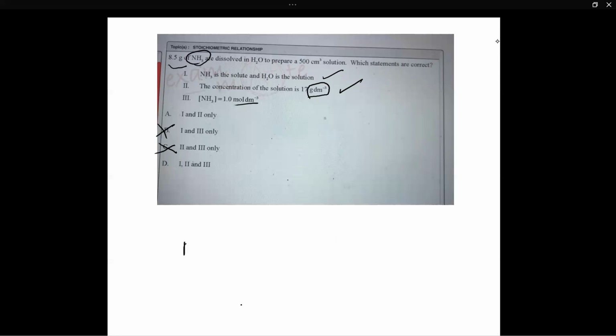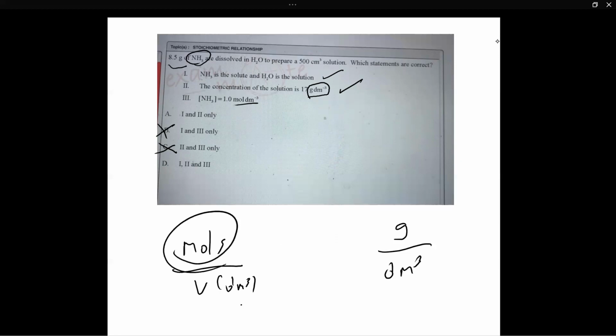So we have to divide the moles of the substance that you're dissolving, in which case we have NH3, by the volume of the solution in decimeters cubed. It's the exact same thing as we did earlier, but we have replaced grams with moles. This time, we're just using different units for measuring the substance.